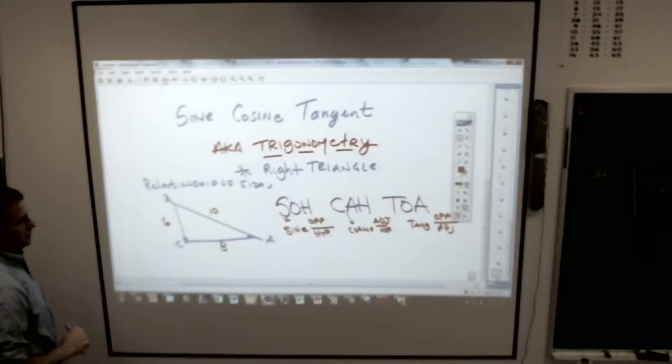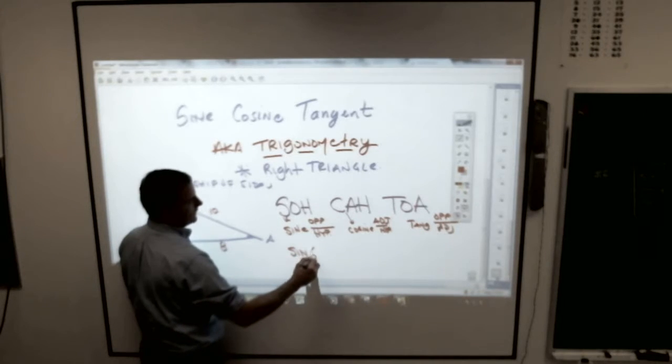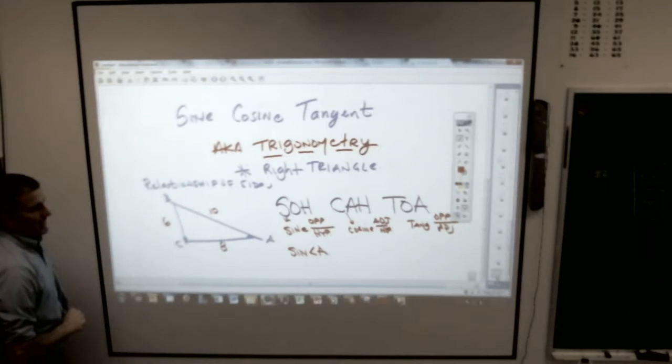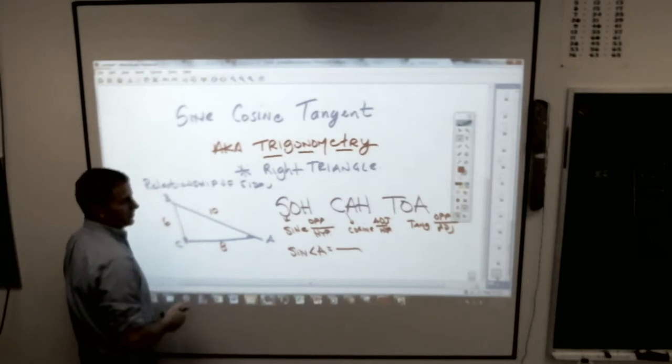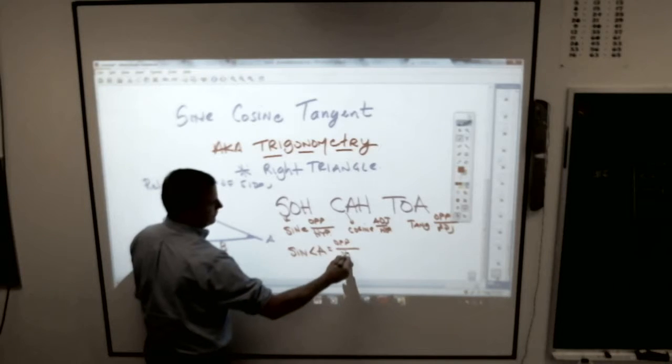If I asked you for the sine of angle A, the sine of angle A gets you the fraction that is the opposite over the hypotenuse.